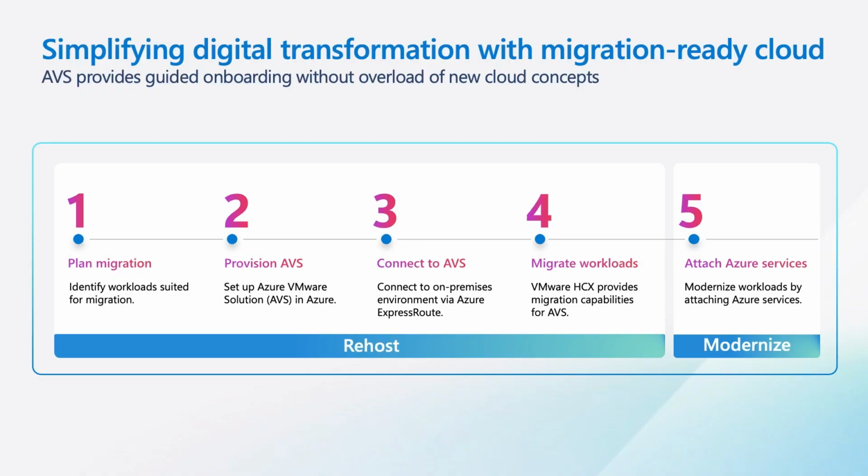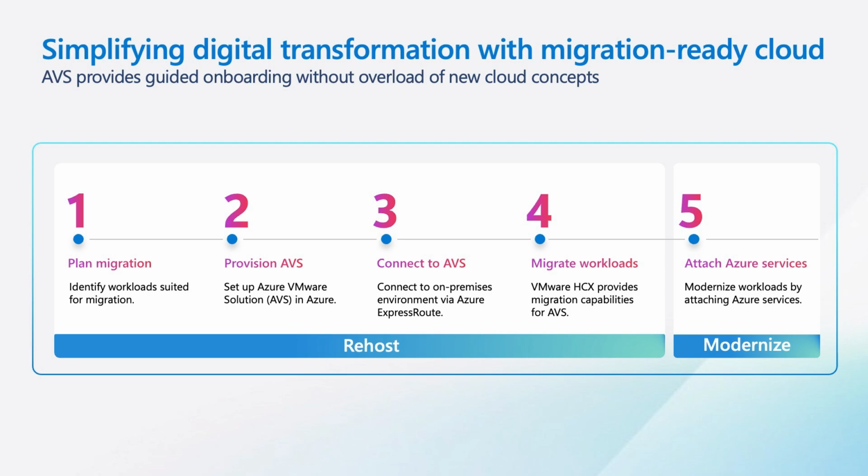There's another session that you can dive more deeply into that workflow. We'll cover it at a high level here later on. Once you have all of that plumbing, then you can migrate your workloads, as I mentioned earlier, with a tool like VMware HCX that very much simplifies migration from on-premises into an AVS private cloud.